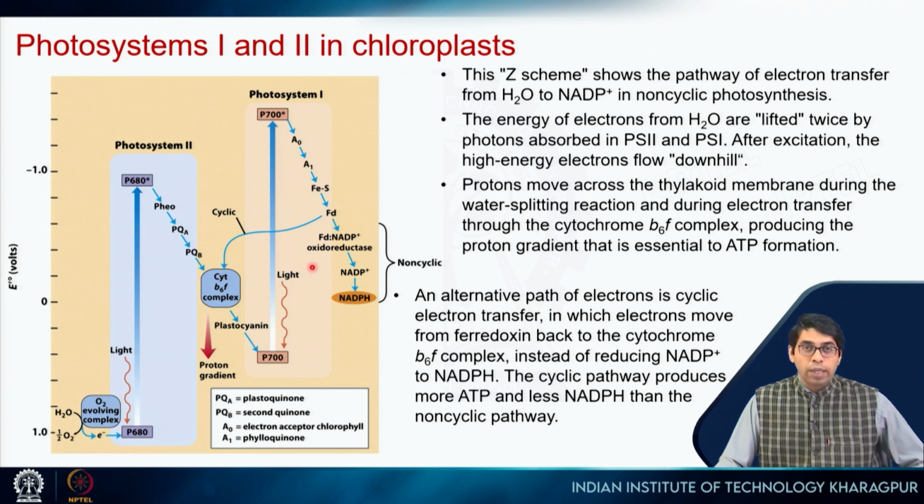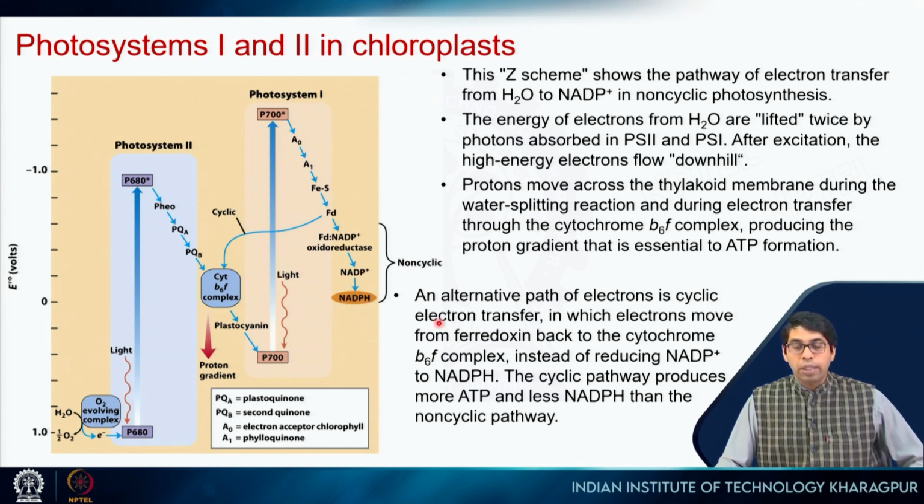In photosystem 1, another photon of light is used to further excite it. So now it goes even up, and this electron is finally handed down and used to reduce NADP plus to NADPH. The electron that originates here from the water molecule ends up in NADPH, and this NADPH will be used for ATP synthesis.